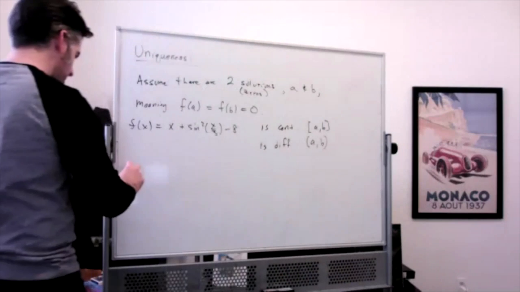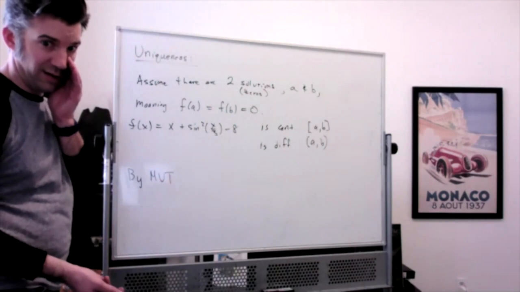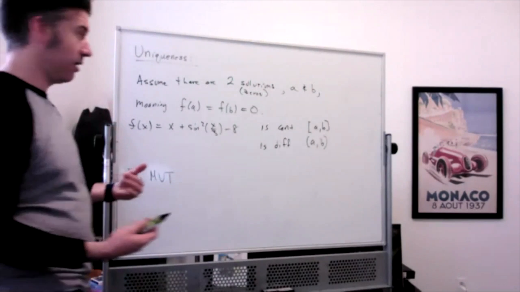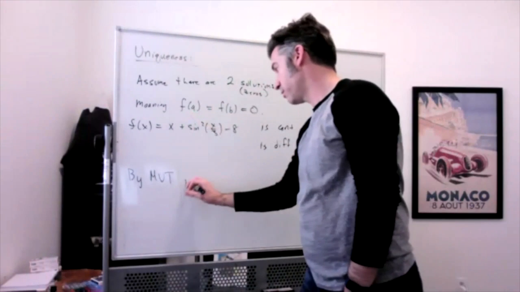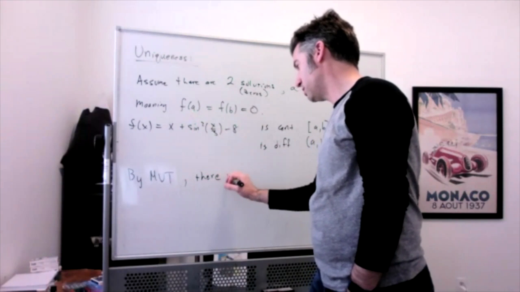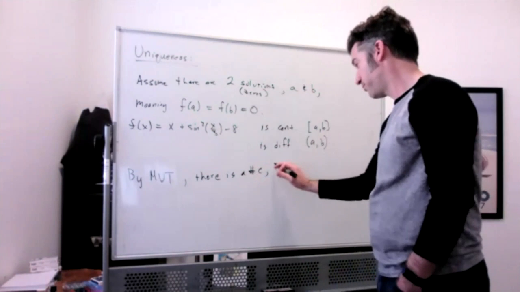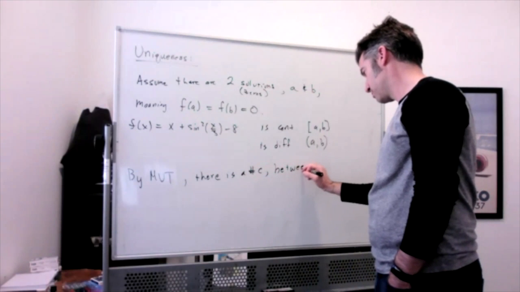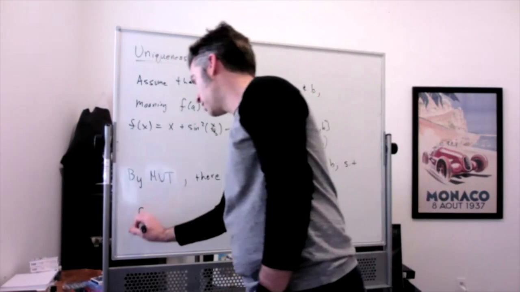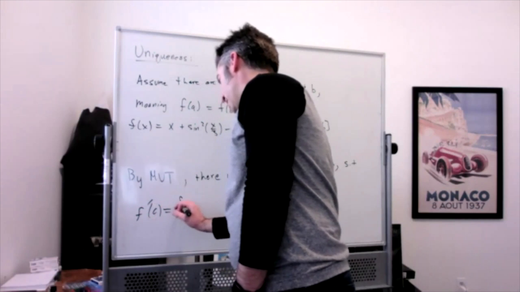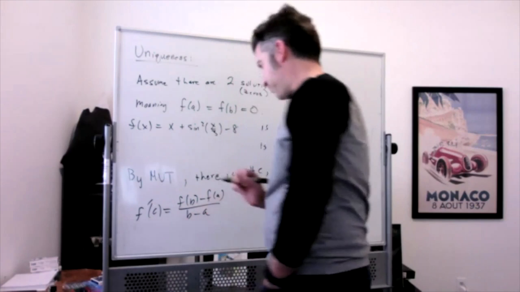So this function satisfies the hypotheses of the mean value theorem, meaning that its conclusion has to be true. So then we could say, by the mean value theorem, really Rolle's theorem, but Rolle's theorem is just a special case where f of a and f of b are equal to each other. By the mean value theorem, there is a number c between a and b such that f prime of c equals f of b minus f of a over b minus a.